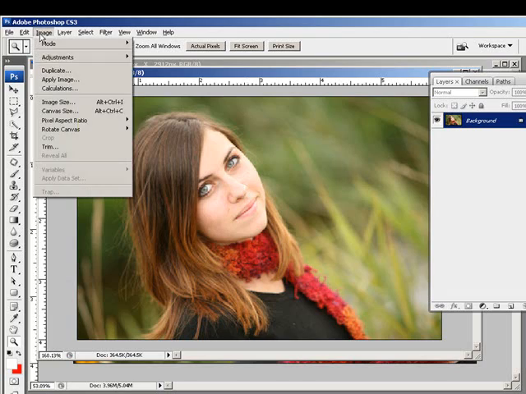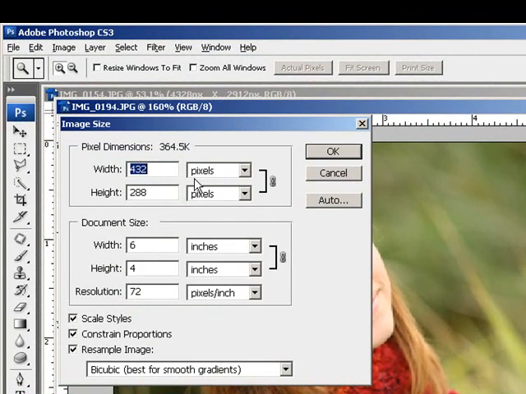In this example, I've got an image that's a 6x4 at 72 pixels per inch. And the pixel dimension is only 432 by 288. You'll commonly see this size when dealing with images on the web for emailing or web graphics.